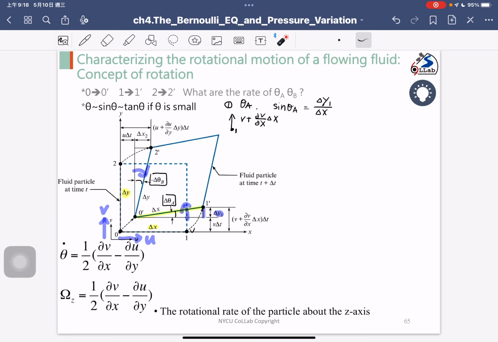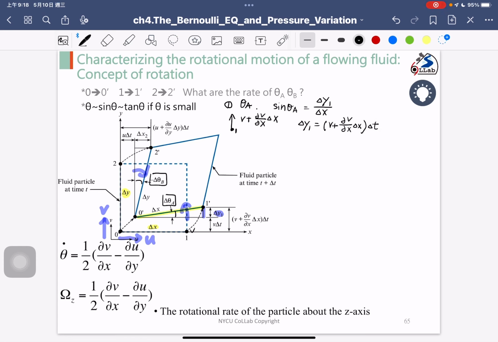So I'm wondering how to compute delta y1. What is delta y1? Delta y1 will equal the velocity at point 1, multiplied by the change delta t.